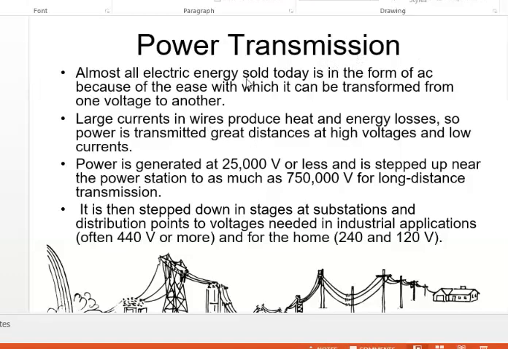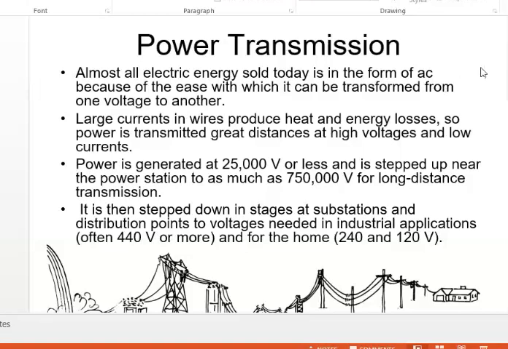Almost all electrical energy sold today is in the form of AC. Because of this, AC is easier to transmit to a distant place with the help of wire in comparison to DC, because there is less power loss in case of AC in comparison to DC.